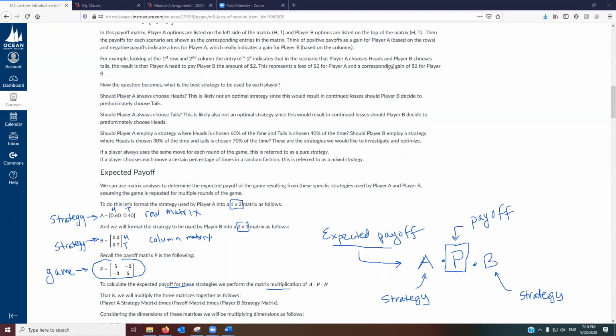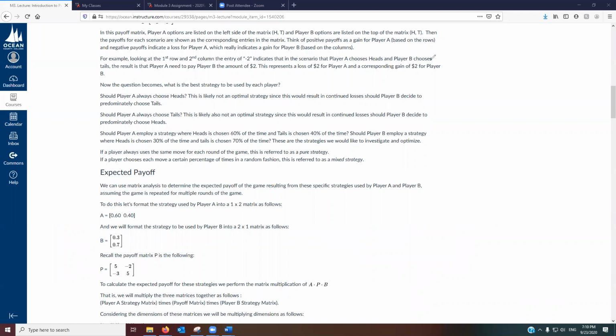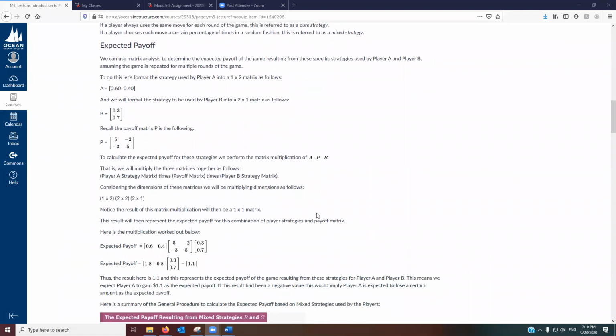All we have to do is multiply these matrices together using the methods that we just talked about. First of all, can we multiply these matrices together? Are we allowed? We're going to take the player A matrix times the payoff times the player B. The player A matrix was a 1x2. The payoff matrix was a 2x2.